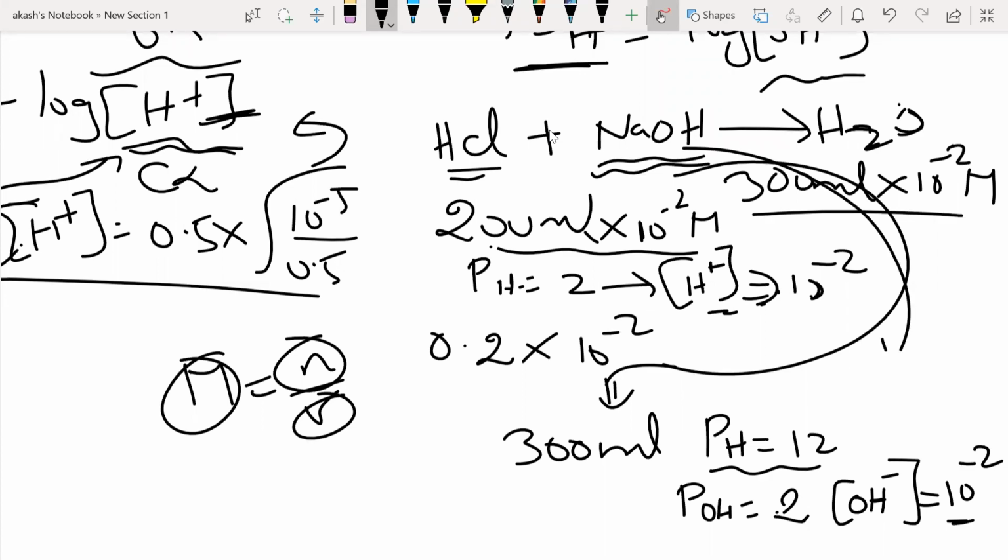And for NaOH, it will be 300 ml they have given, so it will be 0.3 into 10 to the power minus 2. This is the number of moles of HCl, and this is the number of moles of NaOH.